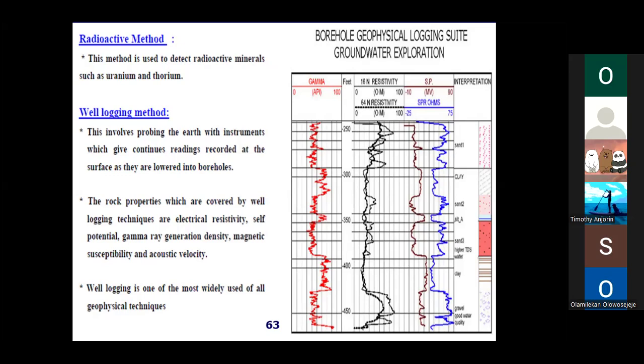The rock properties are covered by well logging techniques, and core samples are taken from this well and taken into the lab for further analysis, which gives confidence in interpretation. So well logging is one of the most widely used of all the physical techniques, and it's very expensive because it's the direct method.